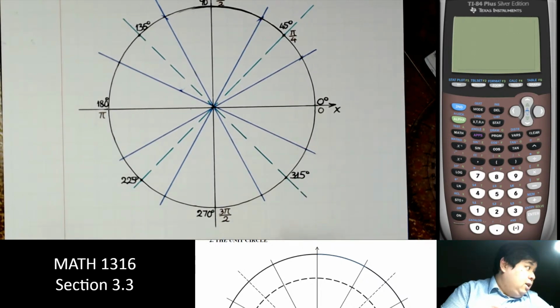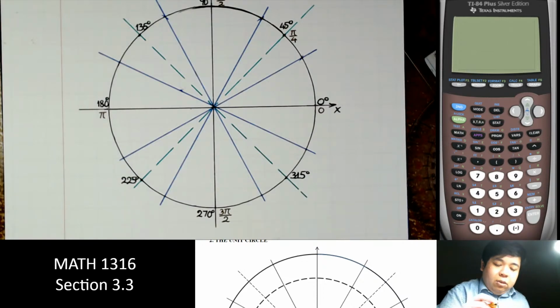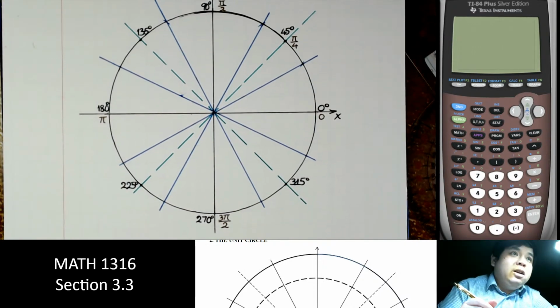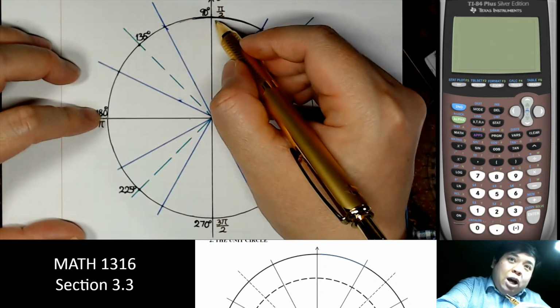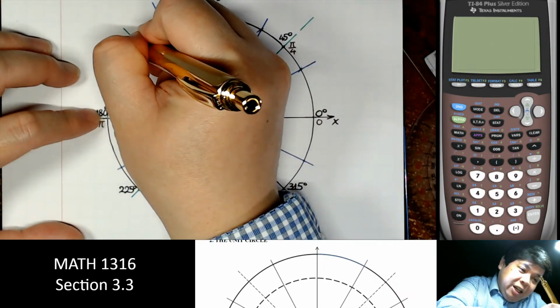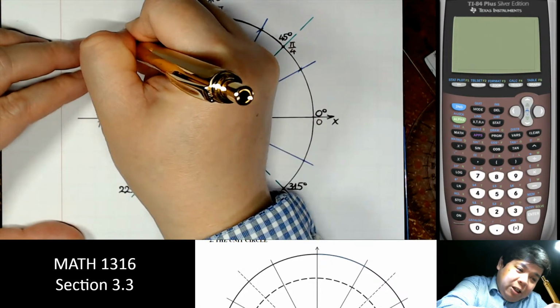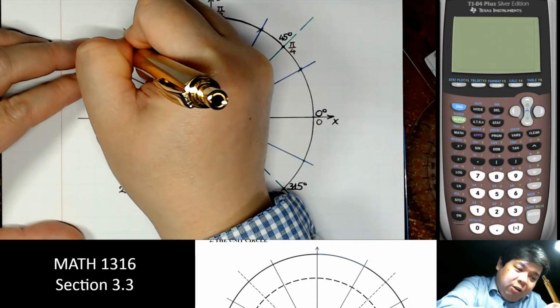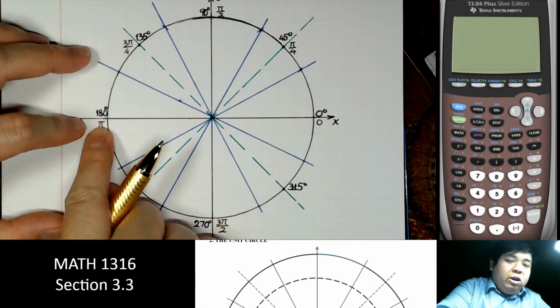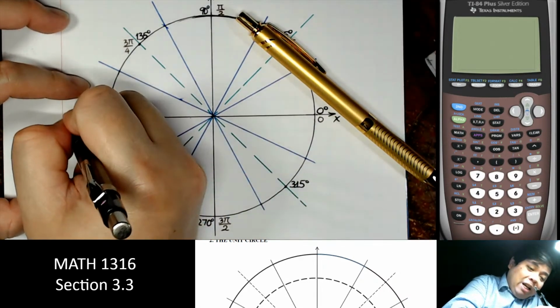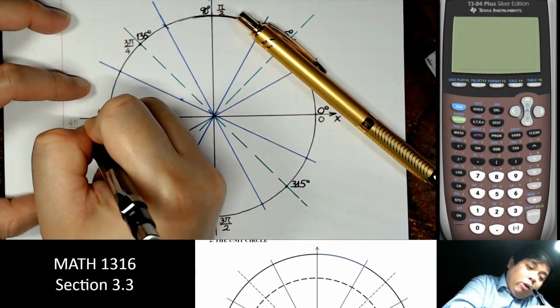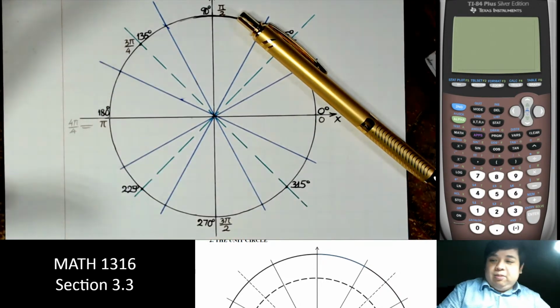Right? 1 times 45, 2 times 45, 3 times 45, 4, 5, 6, and 7 times 45. Now, the same thing: 0, pi over 4, 2 times pi over 4, 3 times pi over 4, 4 times pi over 4. So this, if I want to write, I can say 4 pi over 4, which reduces to, of course, pi.